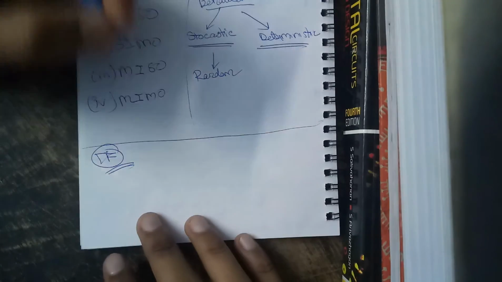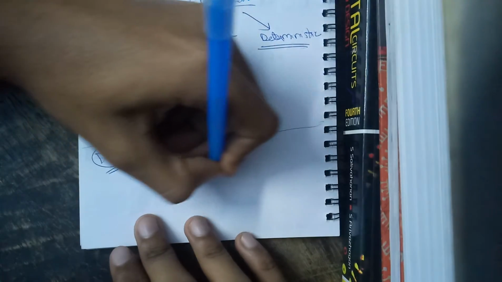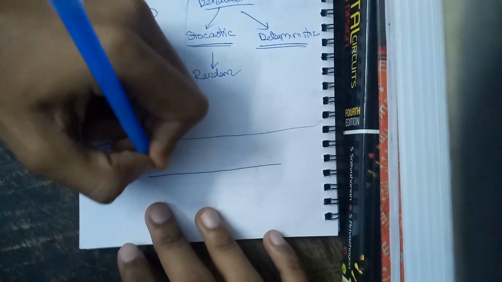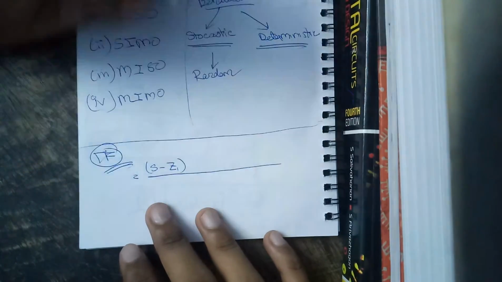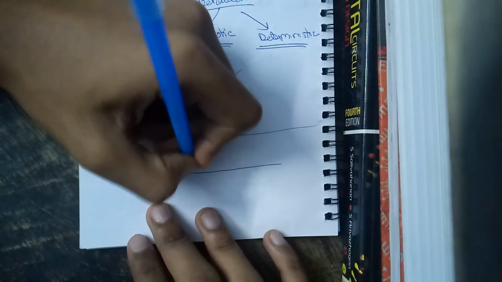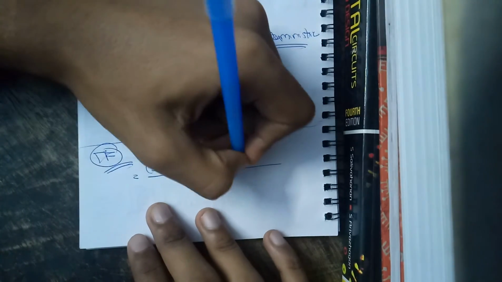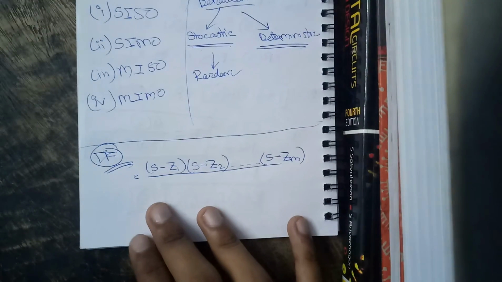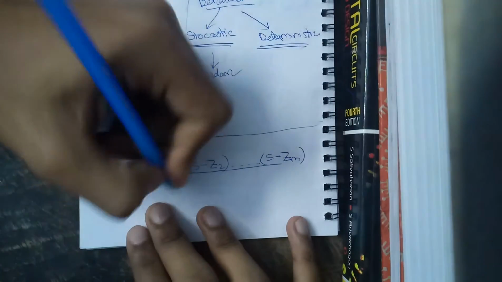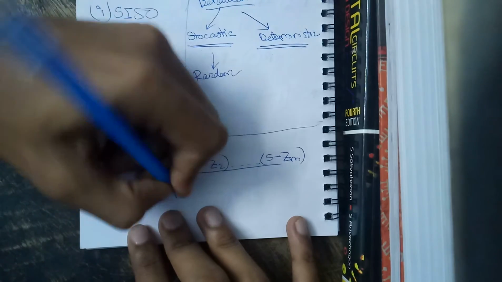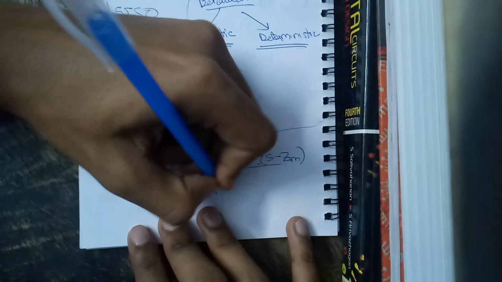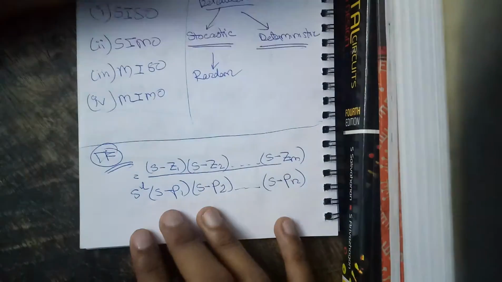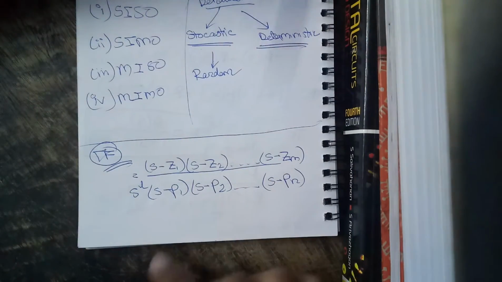So the transfer function can be basically written like this: S minus Z1 into S minus Z2 into ... S minus Zn, by S to the power L into S minus P1 into S minus P2. We will explain what this whole thing is.